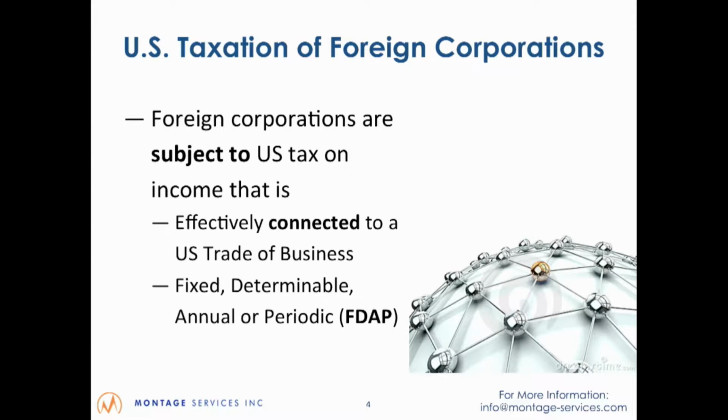So when we look to the taxation of foreign corporations that are invested into the United States, there's this topic or phrase that comes up: effectively connected to a U.S. trade or business.